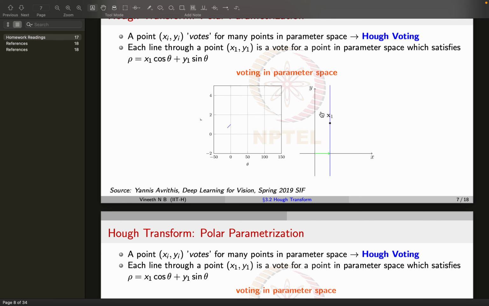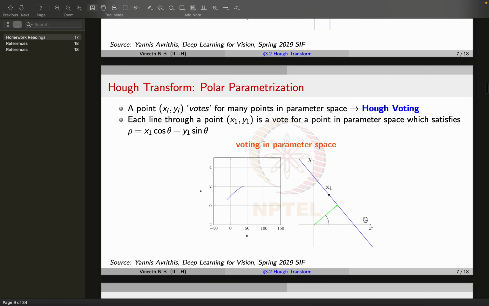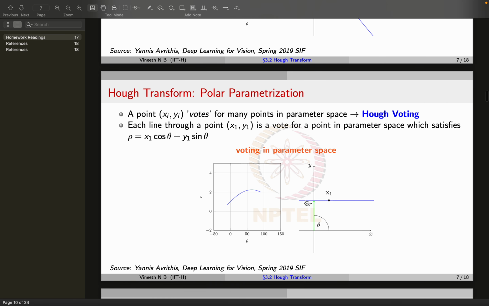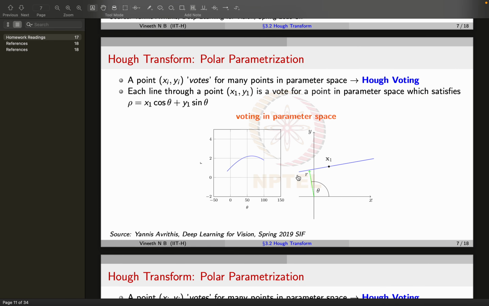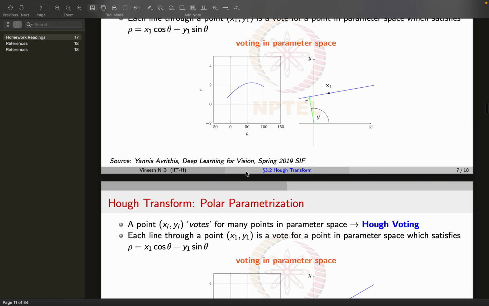So this point votes for all of those lines which can possibly pass through it. For each line I identify its parameters and plot them here. I keep plotting all the lines that correspond to x1 in the parameter space.